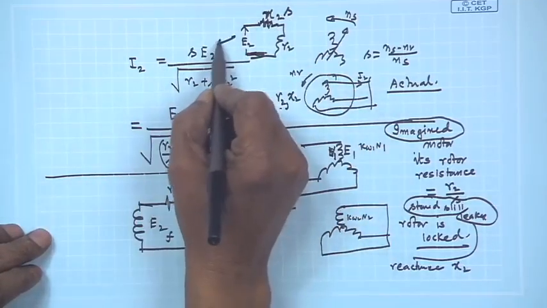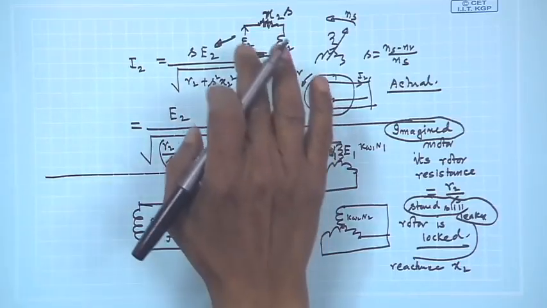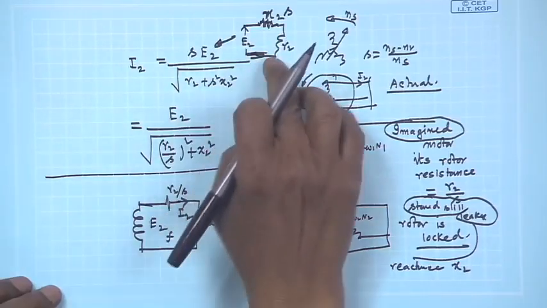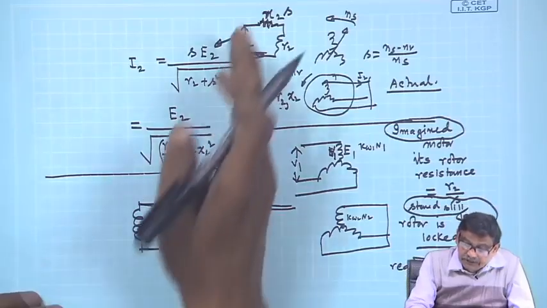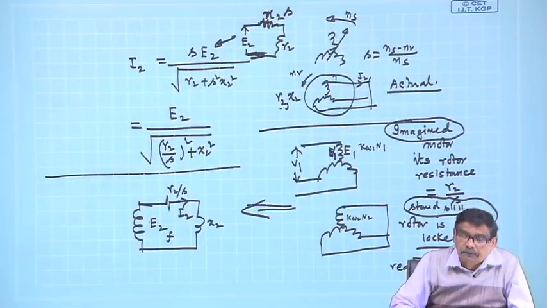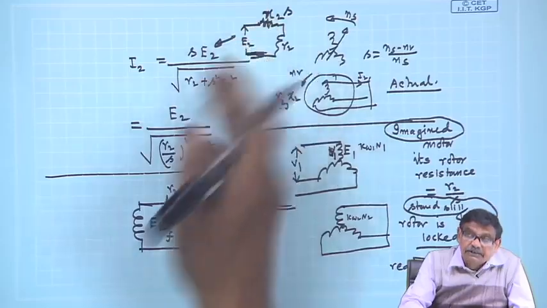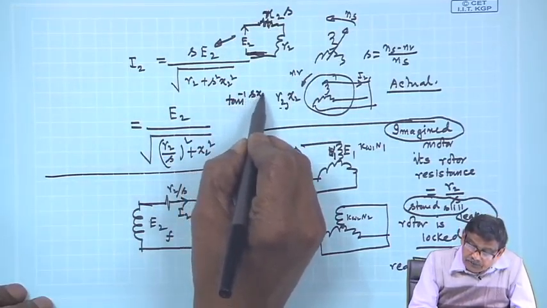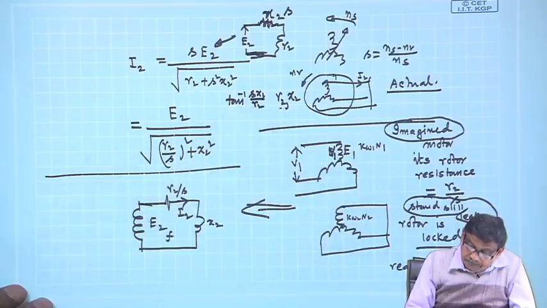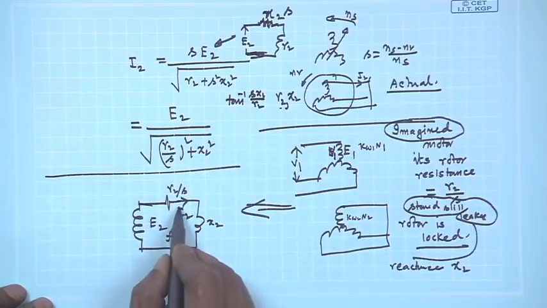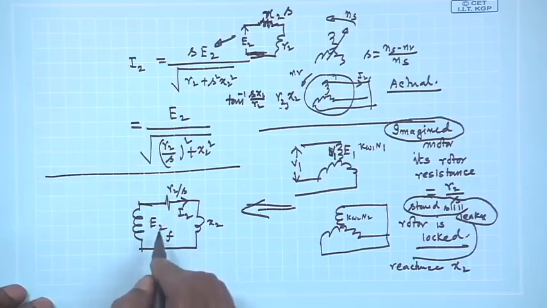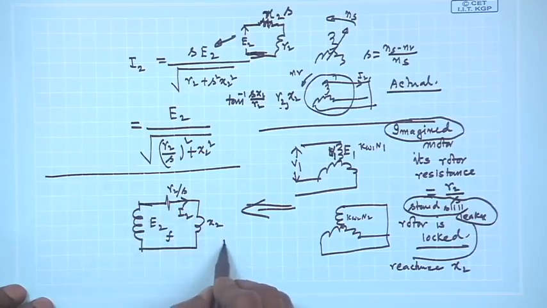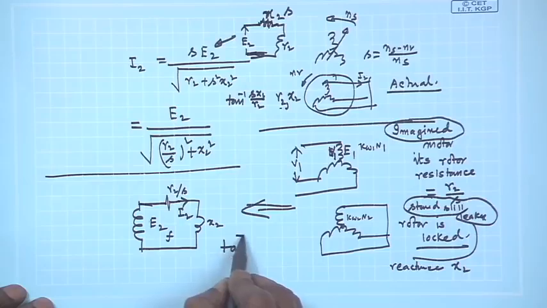This is the current, how we got. Now, in this machine, the power factor angle with which this rotor current will lag this voltage E2 is tan inverse SX2 by R2. In this case, not only will the magnitude of I2 remain the same, but the power factor of this circuit is tan inverse, once again, SX2 by R2.